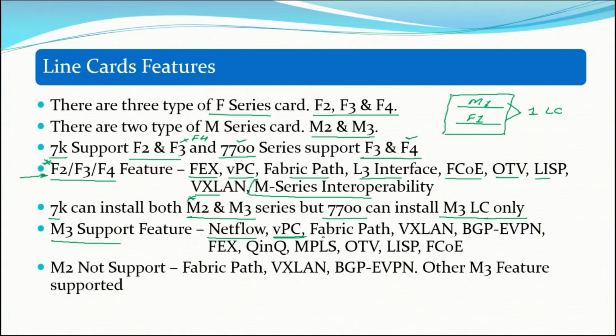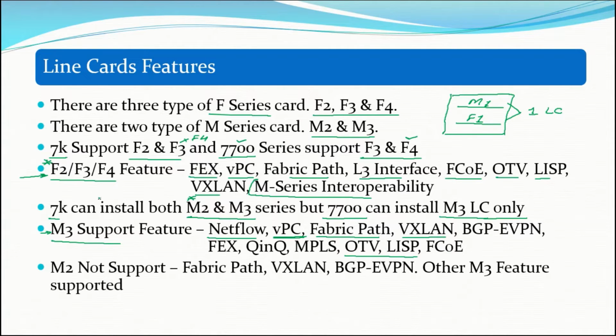They also support layer 2 FabricPath, which is a layer 2 technology, and layer 2 VXLAN. So these are the things supported by this M3 card as well. The layer 2 technologies are going to get support. OTV and LISP are layer 2 technologies.